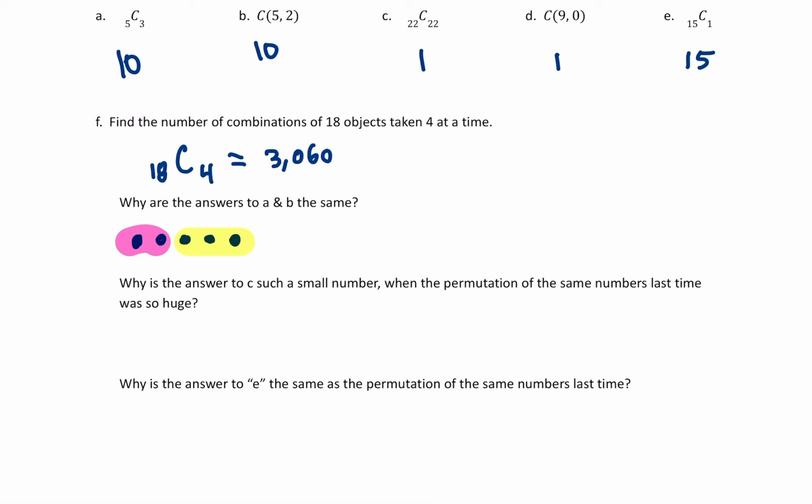Now let's talk about why the answer to C is such a small number when the permutation of the same number last time was so huge. Well, if I've got 22 and I'm choosing 22, say I lined up 22 students and I choose all 22 of them, then it doesn't matter what order they're in, whether they're A to Z, Z to A, or mixed up with their friends.